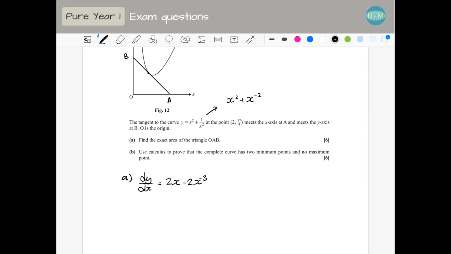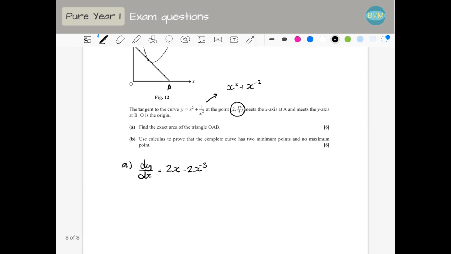When x is 2, because we are finding the tangent at that point, the gradient is 2 times 2 minus 2 times 2 to the power of minus 3. This is 4 minus 1 quarter, which is 15 quarters.